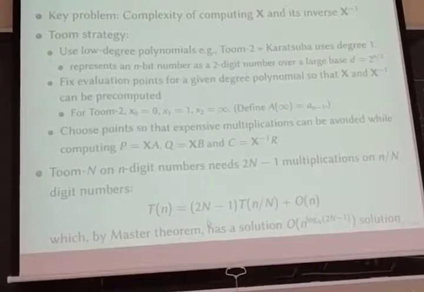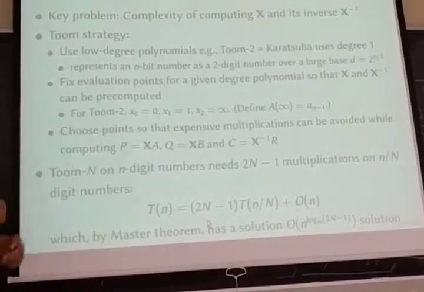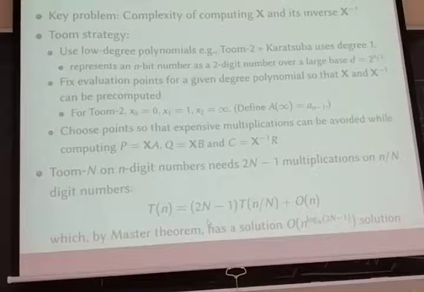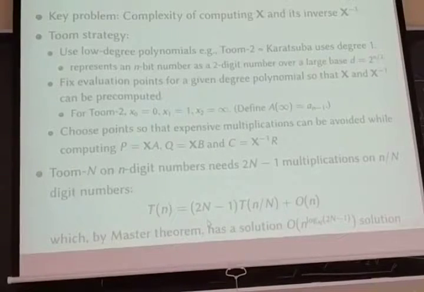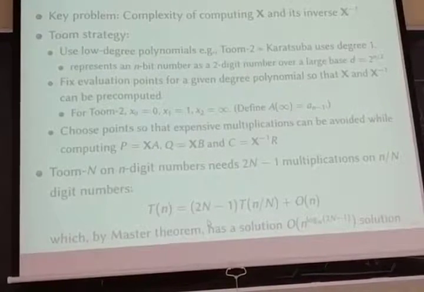Now let's peel the next layer of the Toom algorithm. If you think of an n-digit number, we refer to digits either in binary digits or decimal digits. So those are the base number.